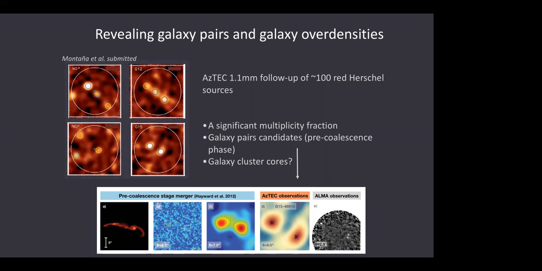On this four-panel image, what you see are AzTEC 1.1 millimeter images of some of these candidate objects, where in many cases he found multiple sources. The big circle inside the square is actually the Herschel beam. So to Herschel, it looked like a single source. But when he imaged them with AzTEC on LMT, they broke up into multiple sources.